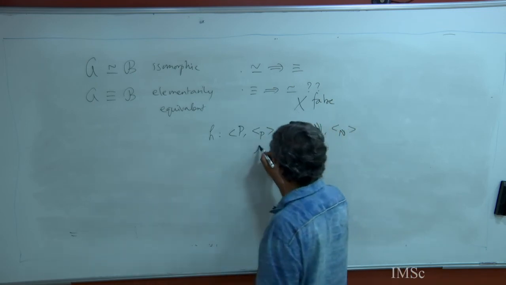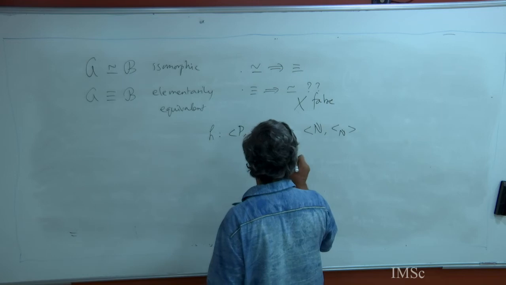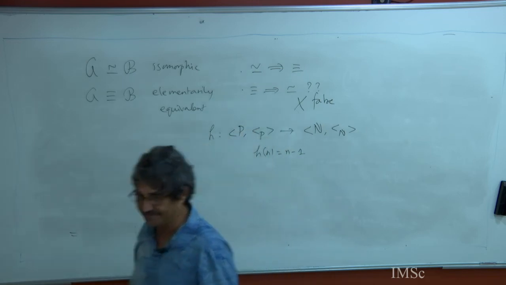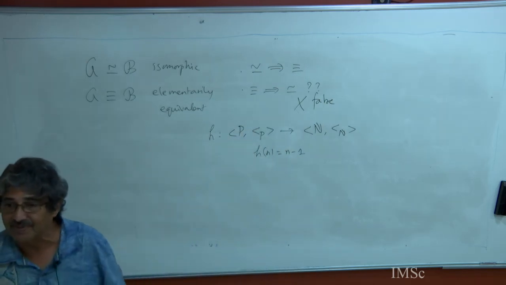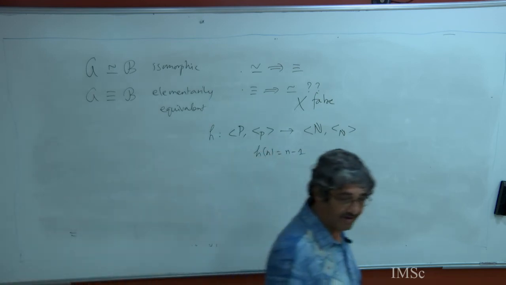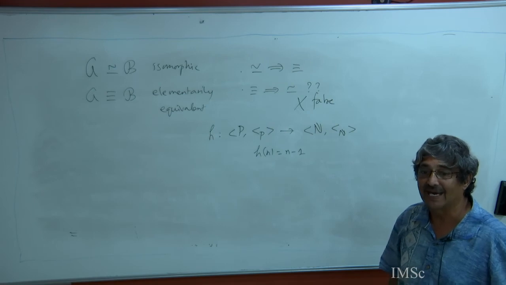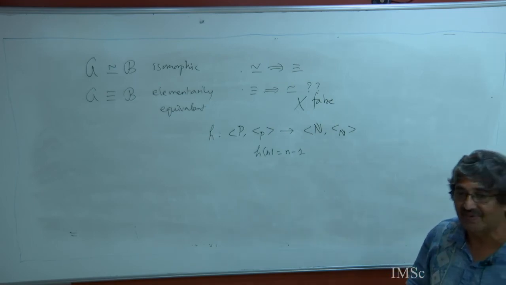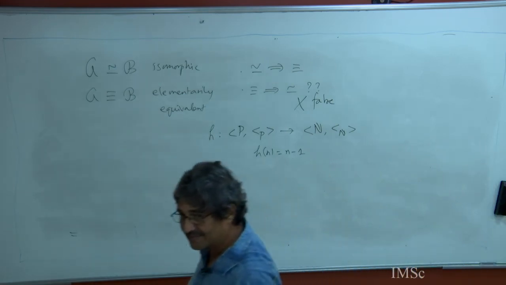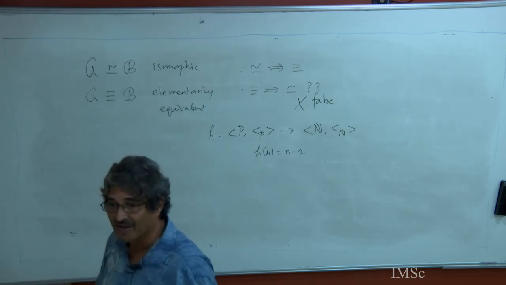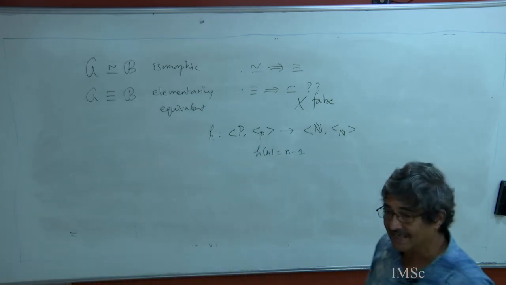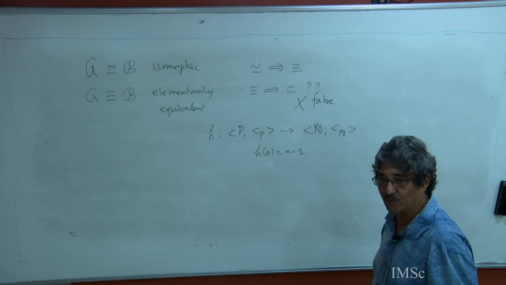What is it? h of n equals n minus 1. This is a homomorphism, and a homomorphism preserves what? Therefore, I know that these two structures satisfy the same atomic formulas, without equality. That's about all you can say, because there are formulas that distinguish the two.